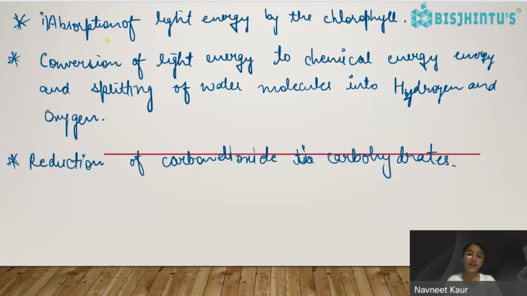Why are we considering night here? Because at night sun is not present, so light energy cannot be absorbed at night, right? So they are just consuming the carbon dioxide, and in the presence of sunlight at daytime they are doing all other processes like absorption of light energy and conversion and all other processes.